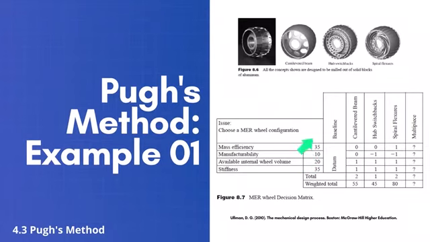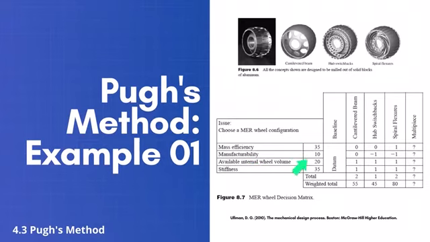If you look at the importance or the weightage area, the method that the table uses is a total amount of 100 points. So the importance of these criteria is limited to a total of 100.